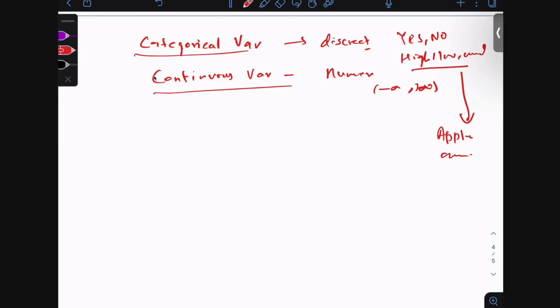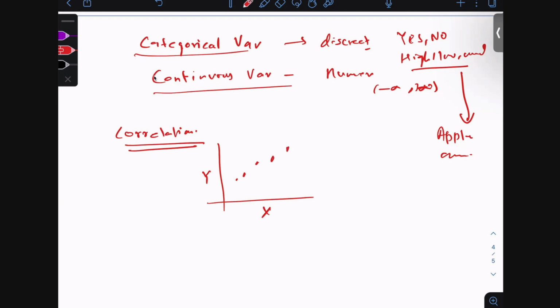Now, the question is how do you find correlation between two continuous variables? To find the correlation is very easy, right? How do you find correlation? What does correlation tell you? What does correlation mean? Let's see with an example.